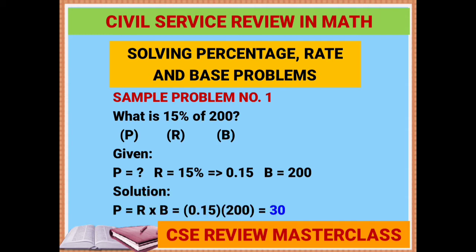And as we recall the formula, percentage is equal to rate times base. Then we will substitute the values of the rate and the base, and we will use the formula here. So percentage is equal to rate times base. 0.15 times 200 is equal to 30. So 30 here is the final answer.